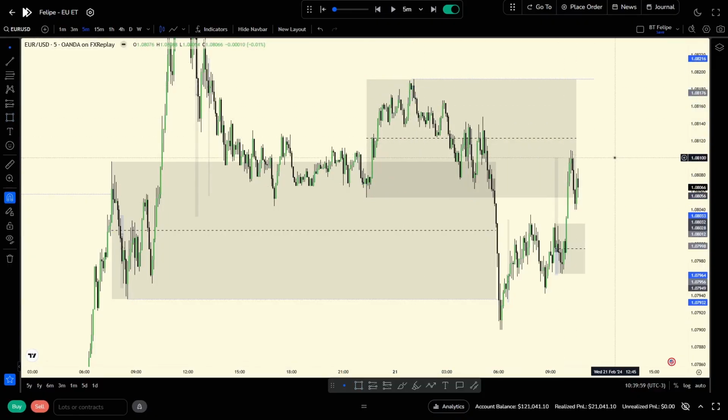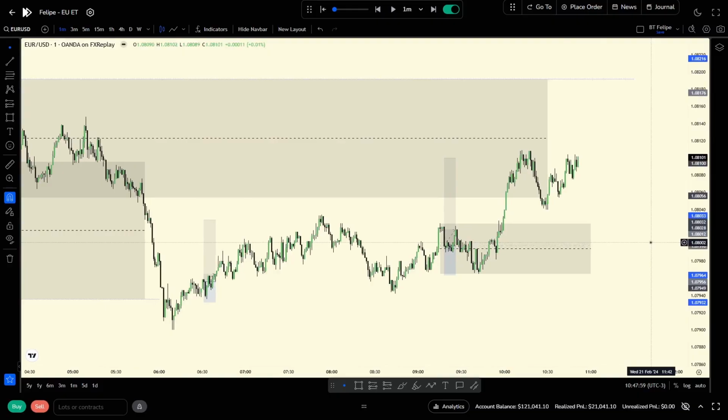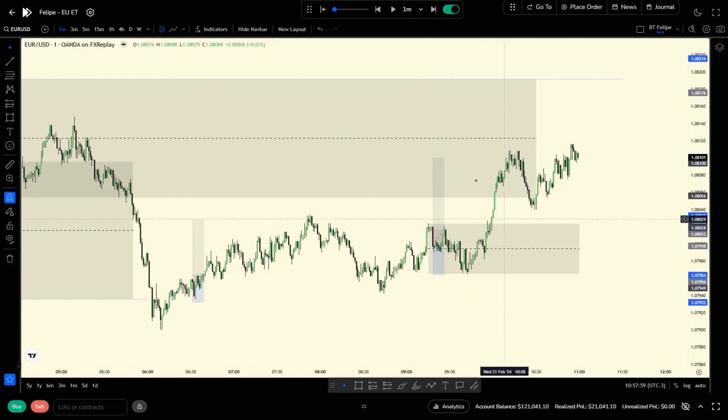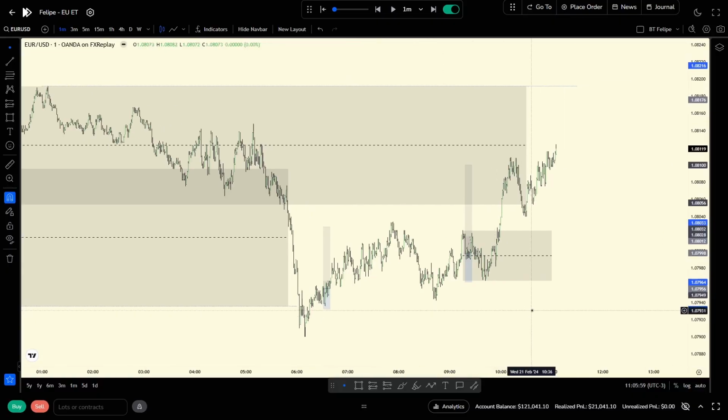Like this PY, which is this one here. Between these two, I think I prefer longs because of this liquidity taken.